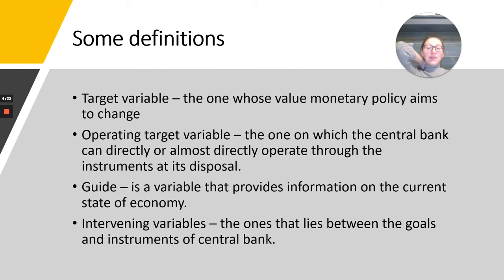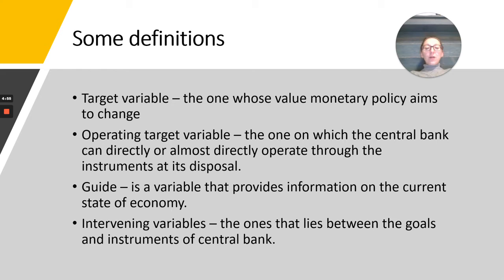So usually it's money aggregates or the interest rate. That is what a central bank can change in the money market using its instruments. A guide is a variable that provides information about the current state of the economy. That would be most of the economic indicators we have.